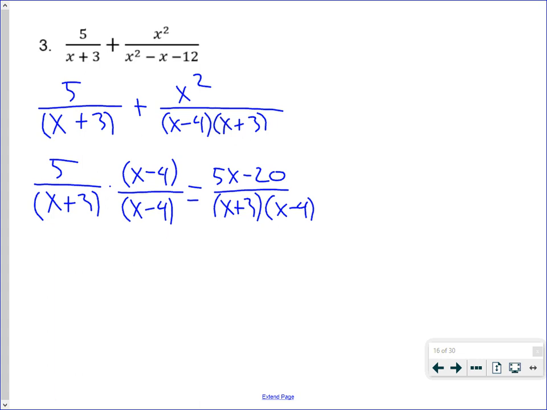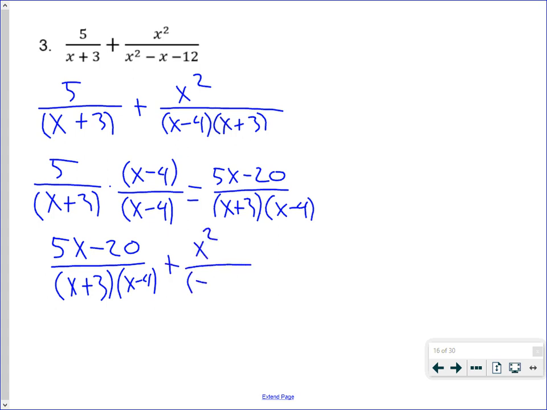Okay, and now if we look at the second expression, the x squared all over x minus 4, x plus 3, if we compare that denominator with the first one, we can see that it has everything that the first denominator has, so we don't need to change it. It can just stay the same. Okay, so if we rewrite our expressions, we have 5x minus 20, all divided by the x plus 3, x minus 4 in the denominator, and we're going to add to it the x squared all over x minus 4, x plus 3.